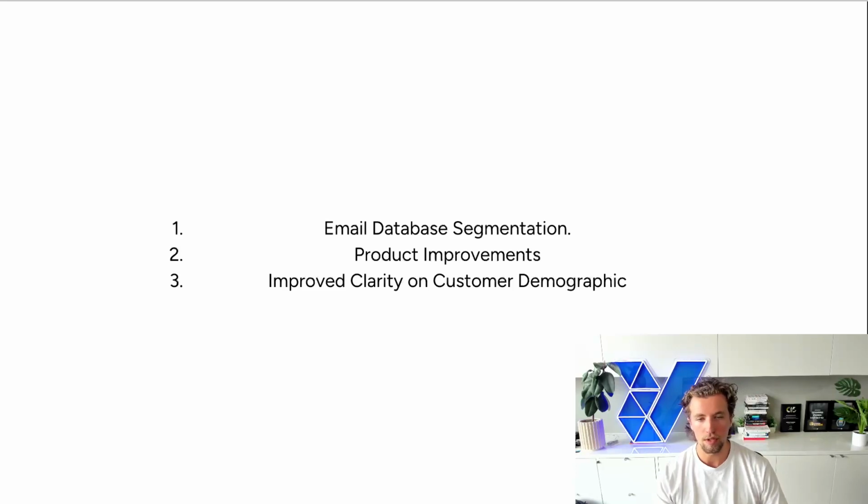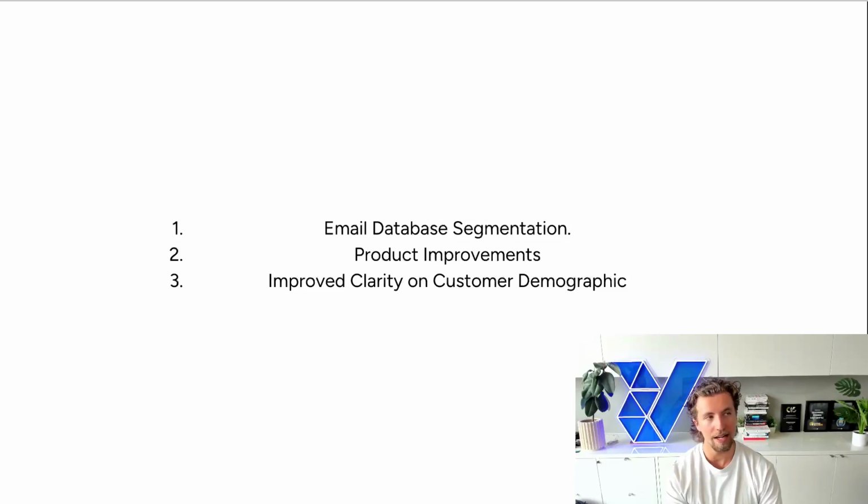Now, what does this actually enable? How can you use the zero-party data that you've collected to generate more top-line revenue? Number one is email database segmentation. So once you have this data on customers, you can start to segment them within your email database and curate emails accordingly. For example, if you're selling a product, you can gain zero-party data on whether they're using it as a gift or not.